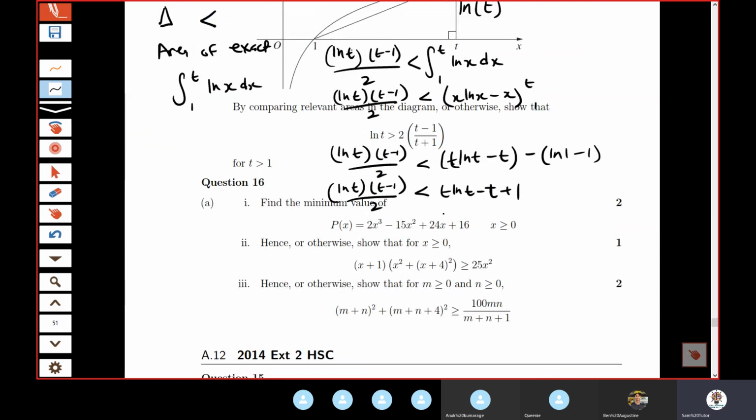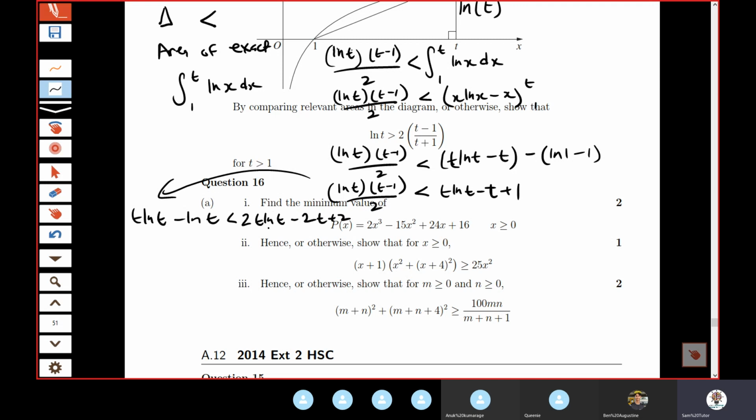I get t log t as well when I expand, minus log t. T log t minus log t is less than 2t log t minus 2t plus 2.